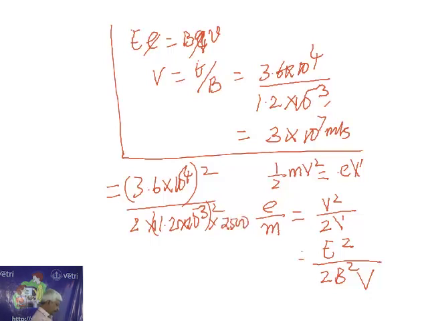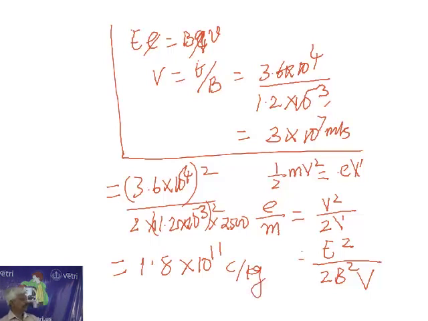So to determine e by m for the electron accelerated through 2500 volt potential, on simplification this value becomes 1.8 × 10^11 coulomb per kilogram.